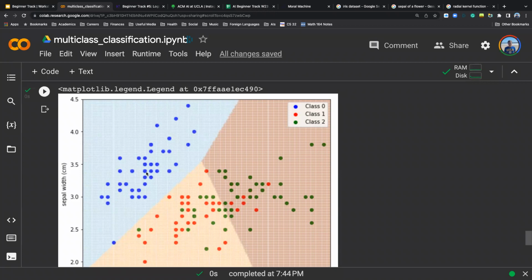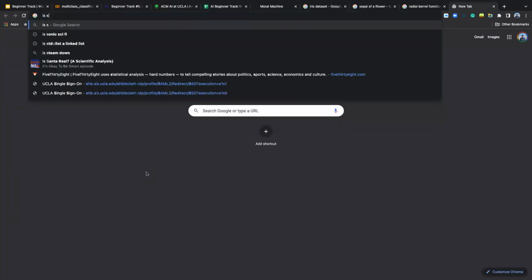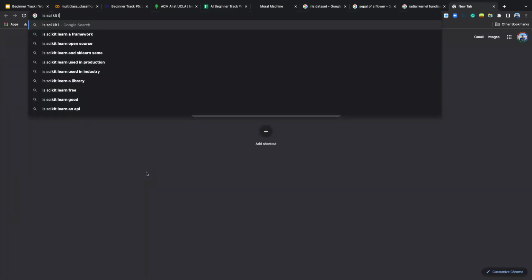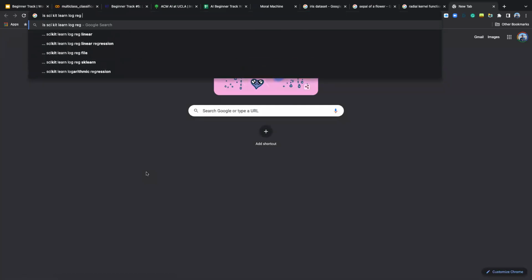But basically what the decision boundary here is saying is, I would have to check up on this, is scikit-learn one versus all?